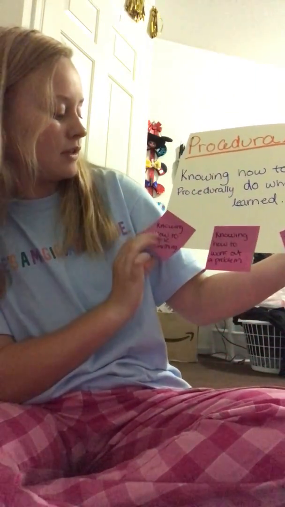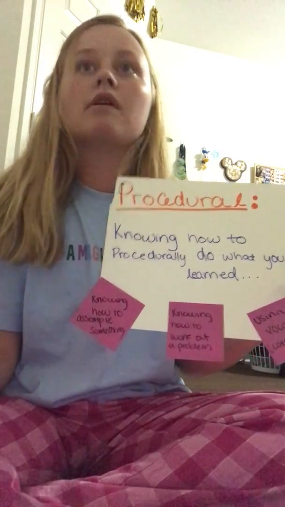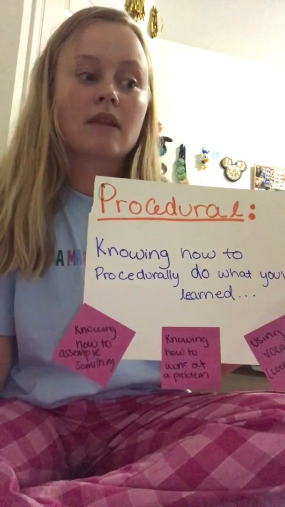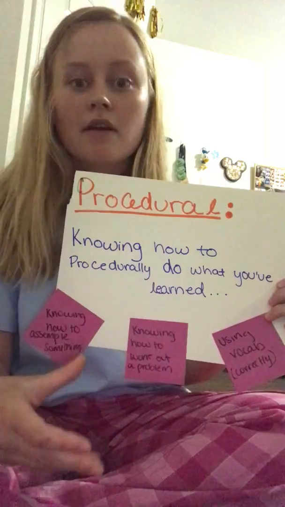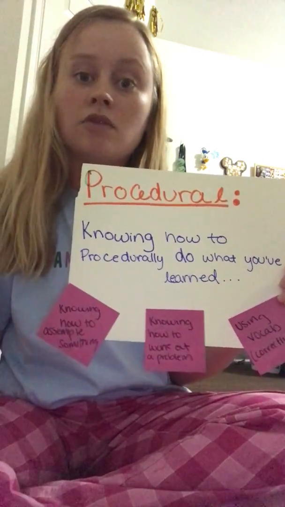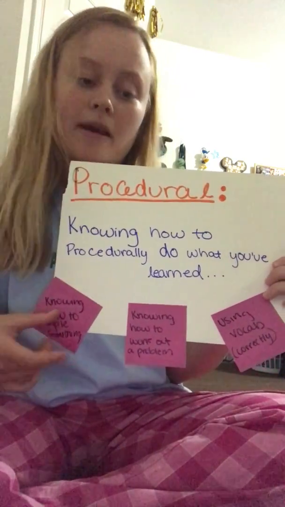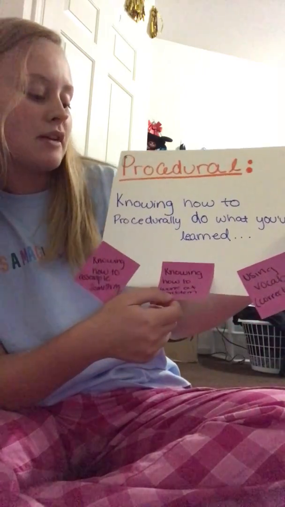So procedural is knowing how to, for example, assemble something, so knowing how to put something back together. With conceptual, you might have read a book about how you put something back together, and then procedural is doing it hands-on and really knowing how to put it back together. Another example is knowing how to work a problem.